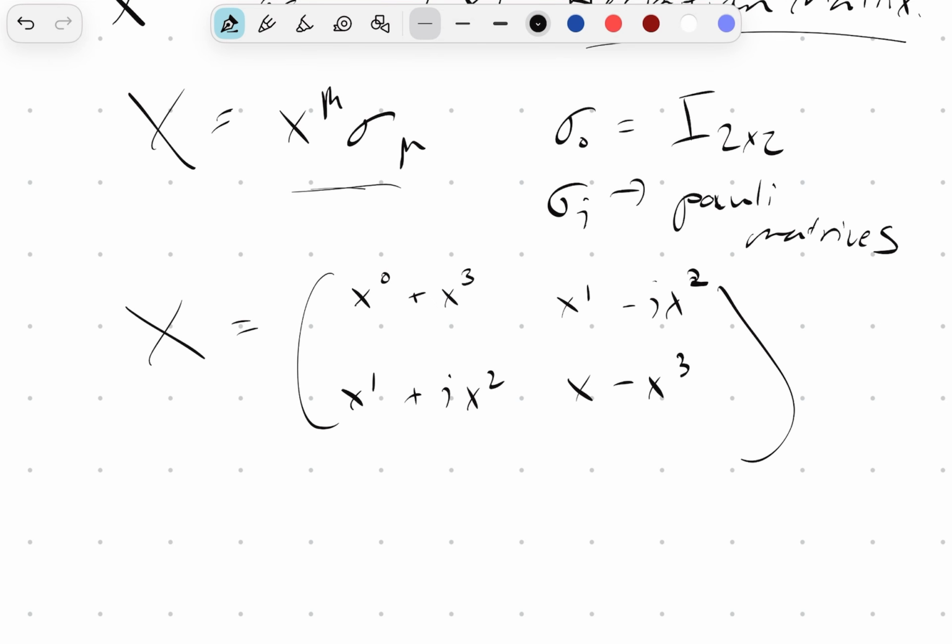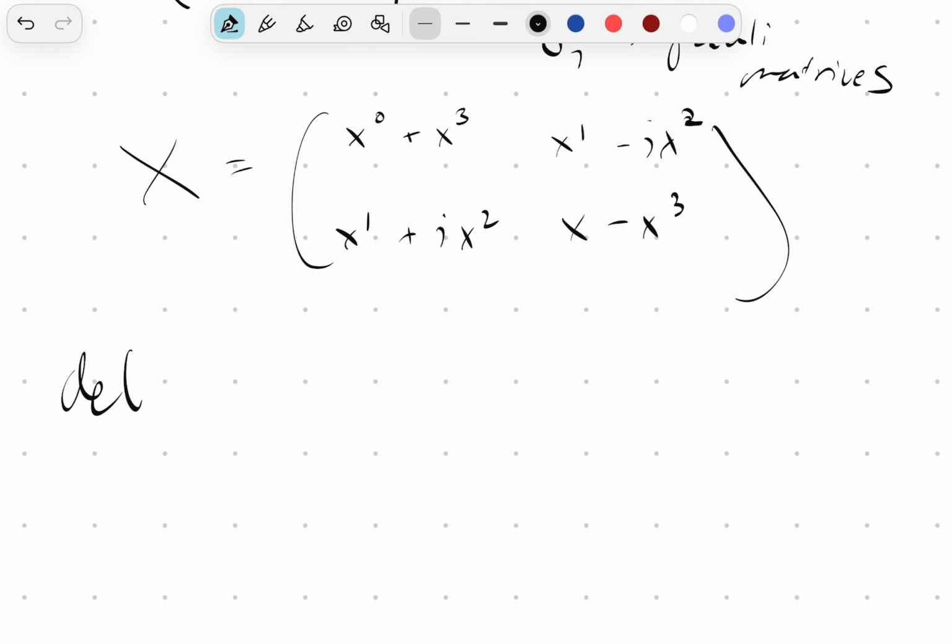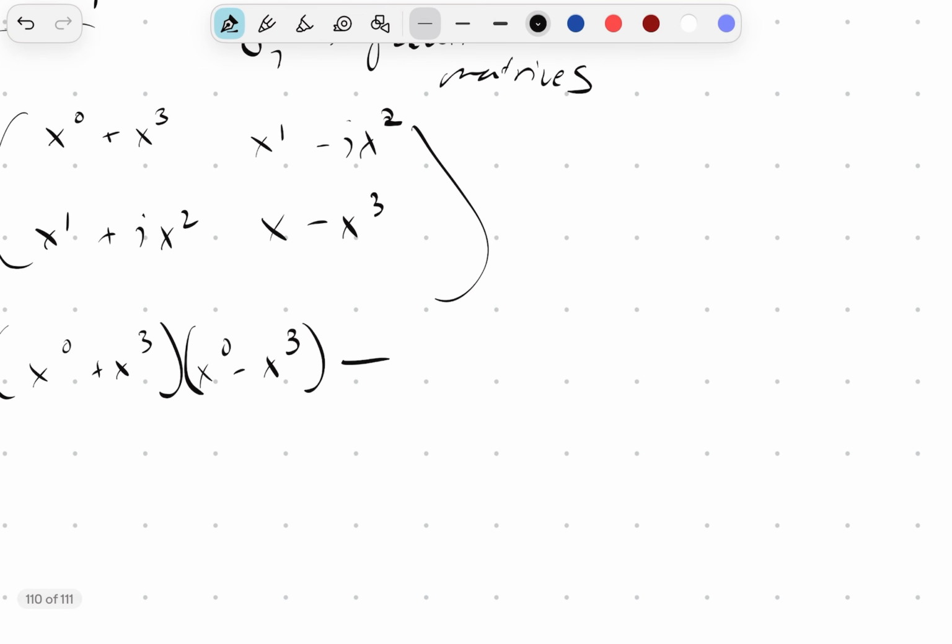Okay. Now, if we choose to compute the determinant of x here, that should give us (x0 plus x3)(x0 minus x3) minus (x1 minus i x2)(x1 plus i x2).